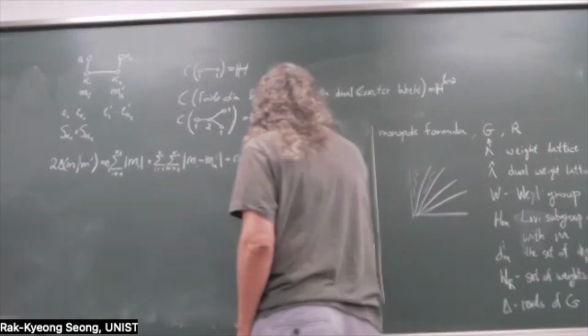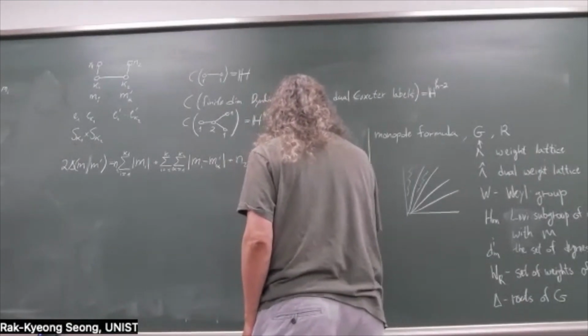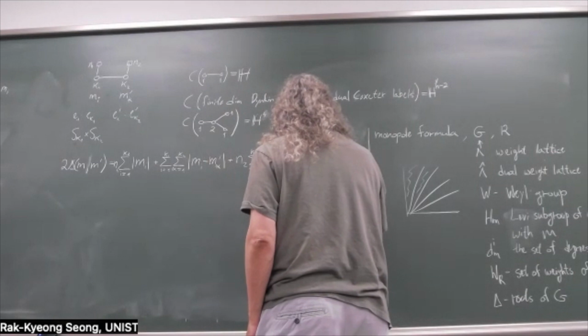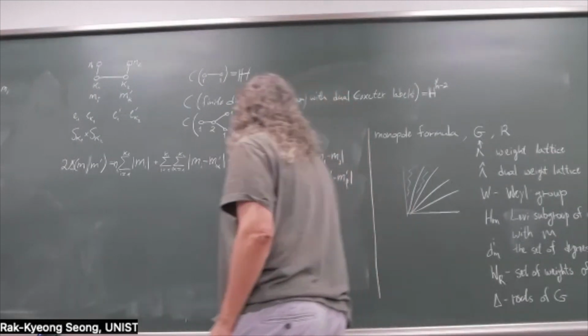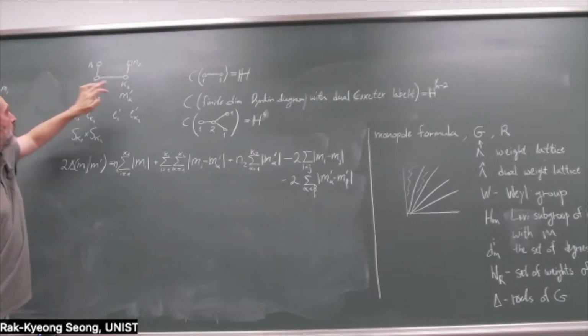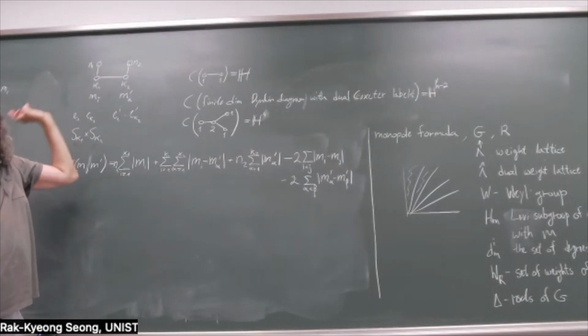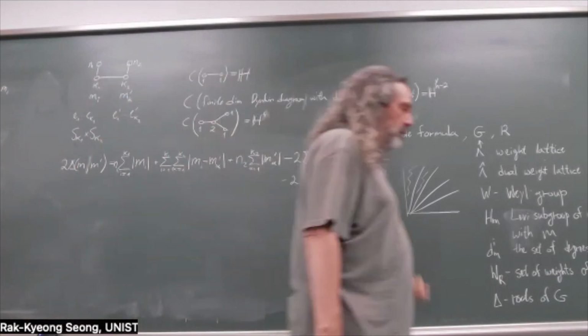And then there will be a similar contribution, sum over alpha less than beta of the absolute value of m prime alpha minus m prime beta. Any questions? So now we are done, right? Contributions for all edges and contributions from all nodes. Positive and negative.